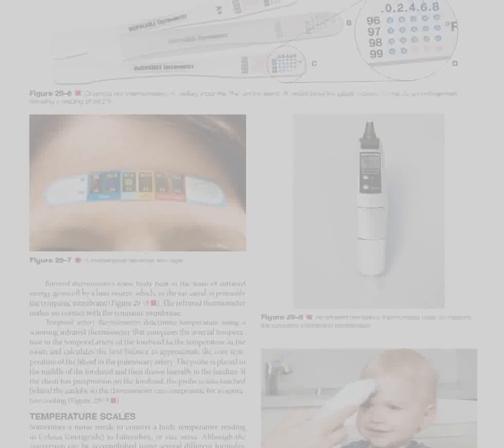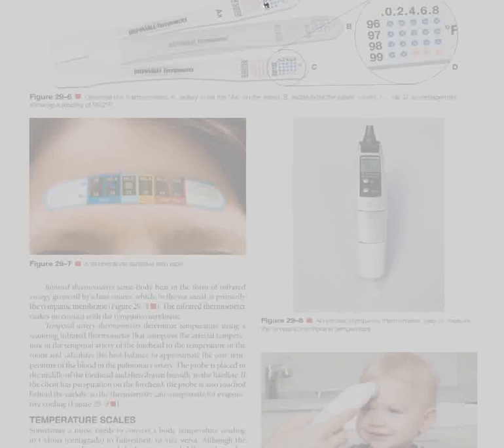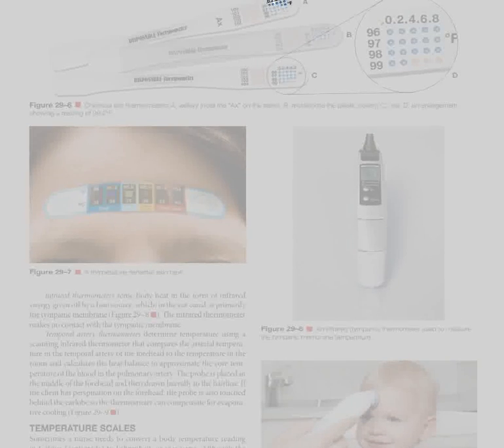100 101 102 103 104. 96 97 98 99. Degree F.0.2.4.6.8.